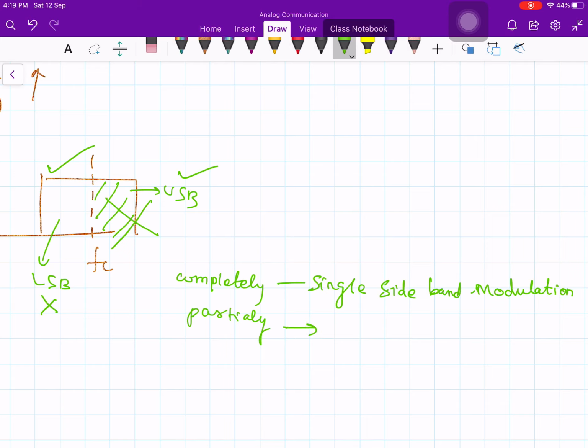If you suppress partially, then it is called vestigial sideband modulation.